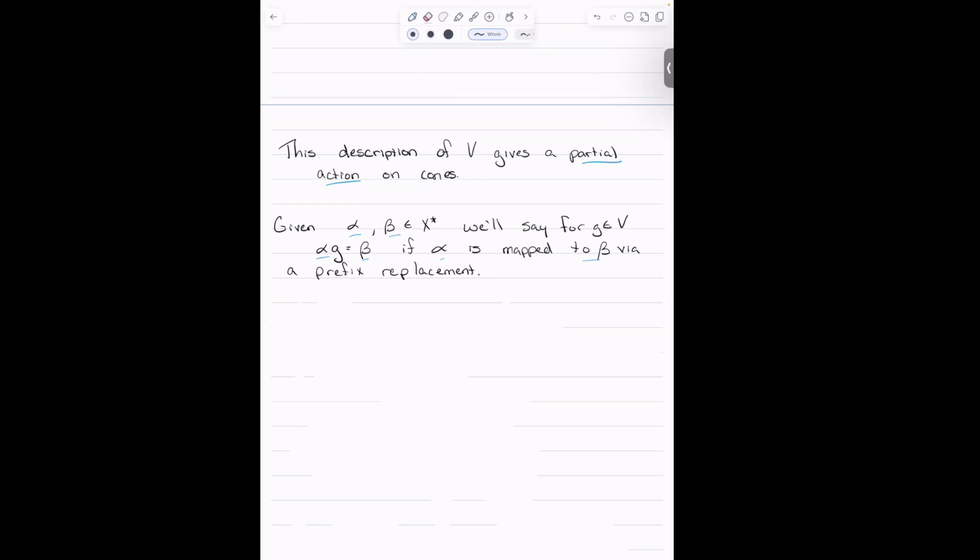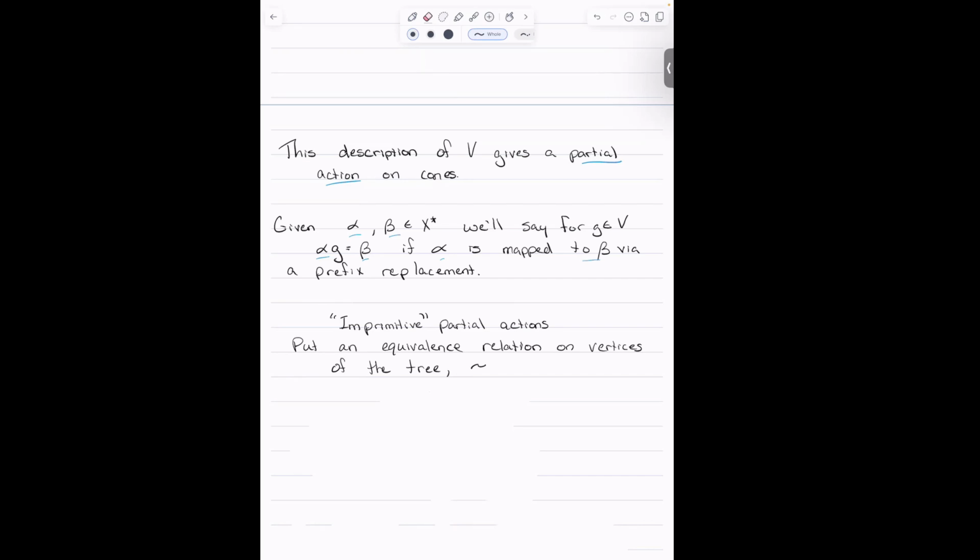So then, with the notion of this partial action, we can also come up with some notion of what it means for a partial action to be primitive or imprimitive. Remember, full actions are imprimitive if they preserve a block structure. So we want to say something similar in the partial action case.